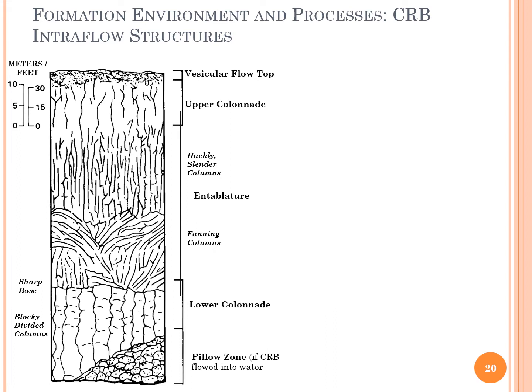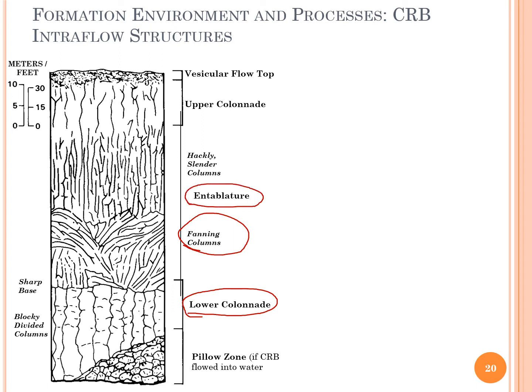Then, as the lava begins to cool after it flows, it forms vertical columns. They're called the lower colonnade section of a flow. Above that, these columns will have a tendency to fan out, not be perfectly vertical, often like a flower or a growing plant. Those fanning columns often occur at the bottom of a section geologists call the entablature.